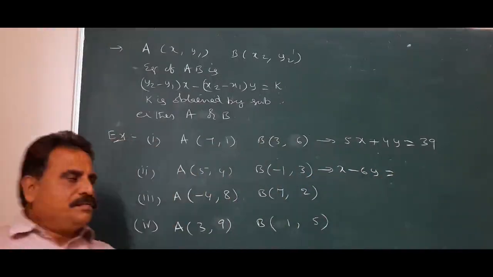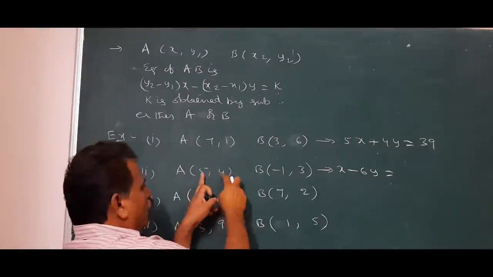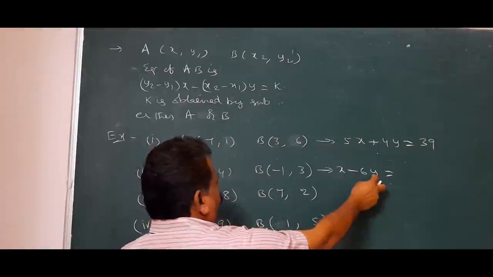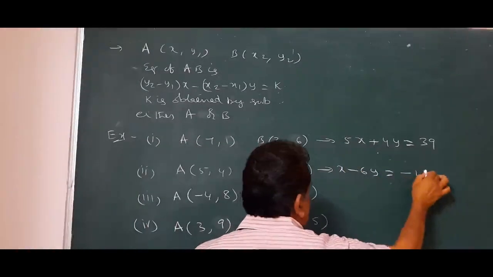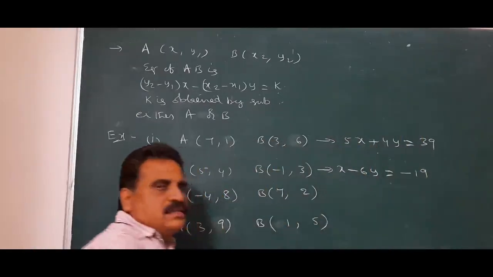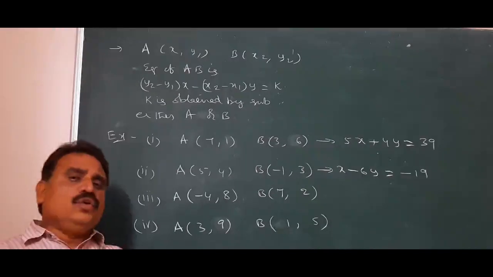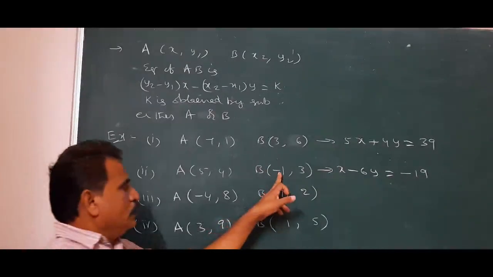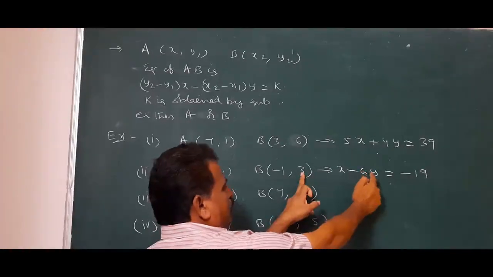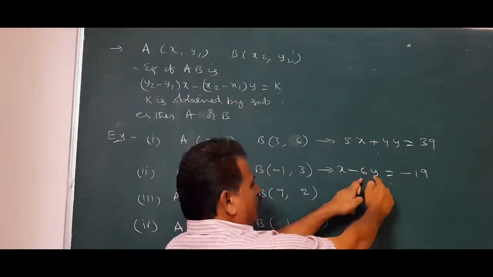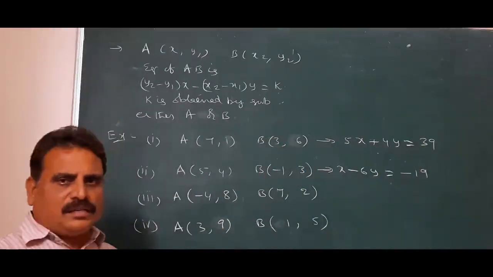Substitute the point A (5, 4): x is 5, y is 4. 5 minus 6 into 4, 24. 5 minus 24 is -19. Let us check by substituting the other point, whether we get the same or different. Look here: -1, x is -1, minus 6 into 3 is -18, -1 minus 18, the same constant -19. No change in the constant.